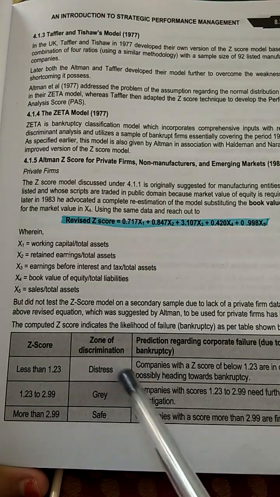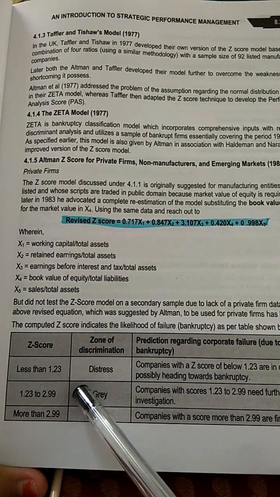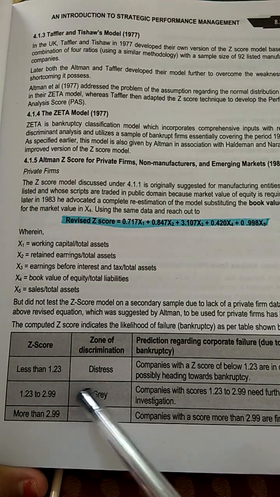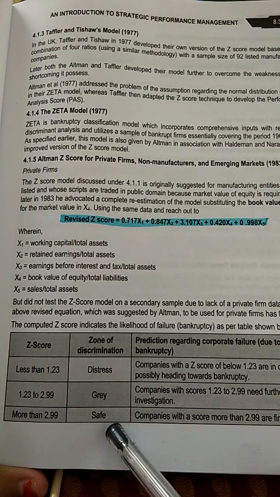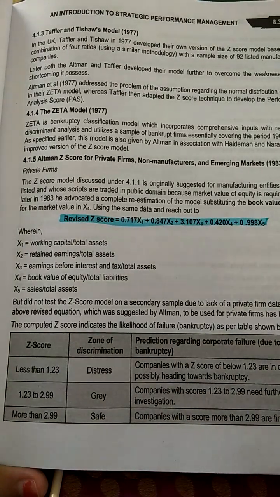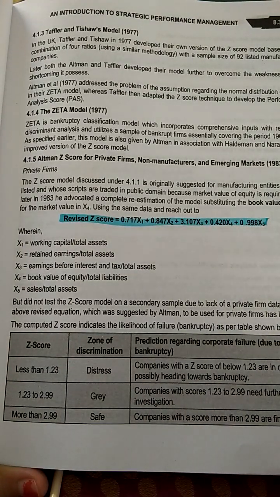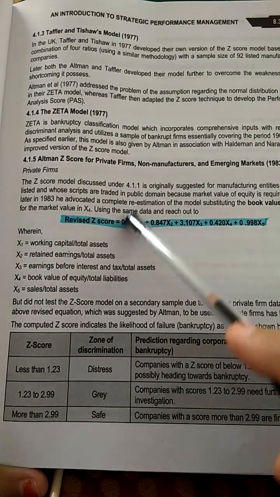So the revised z-score is called the Altman z-score for private firms, non-manufacturers and emerging firms. We have already seen the non-manufacturers and emerging firms, and now this is for private firms.